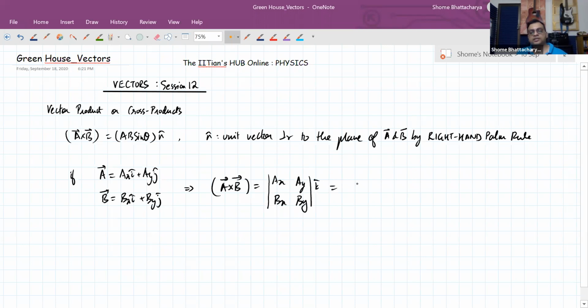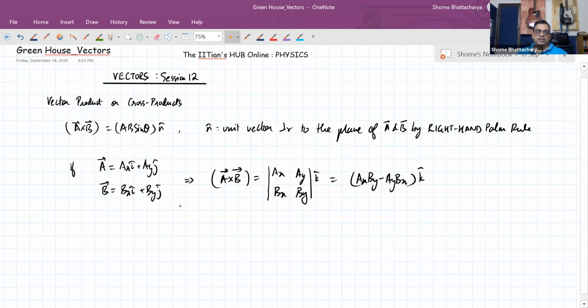So when you solve the determinant, it becomes ax by minus ay bx k cap. So this was the method of solving. Now let's verify this with an example.